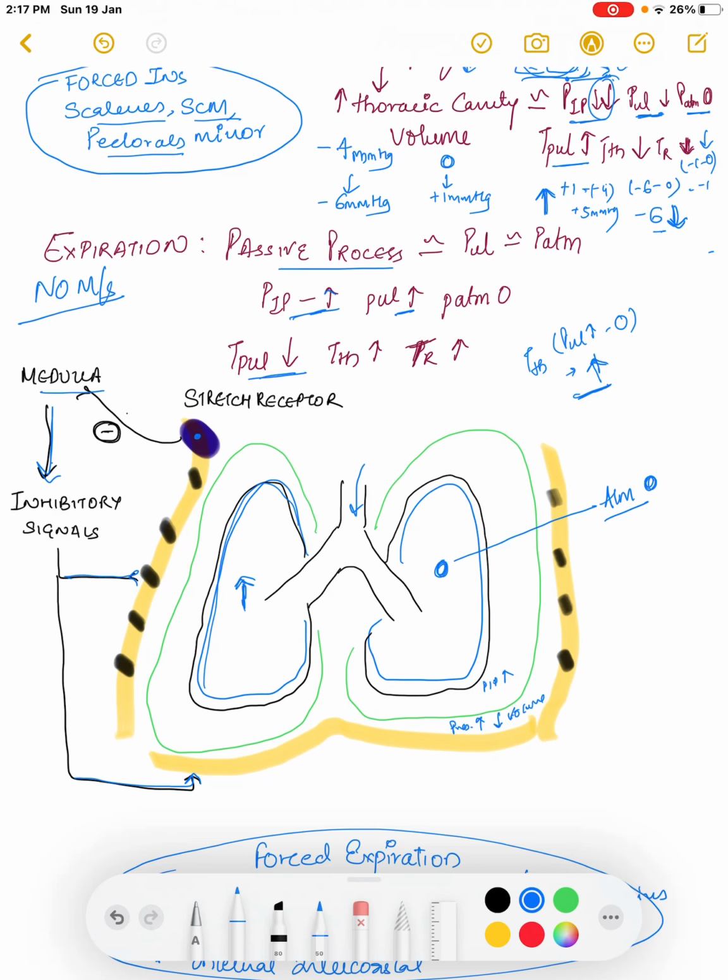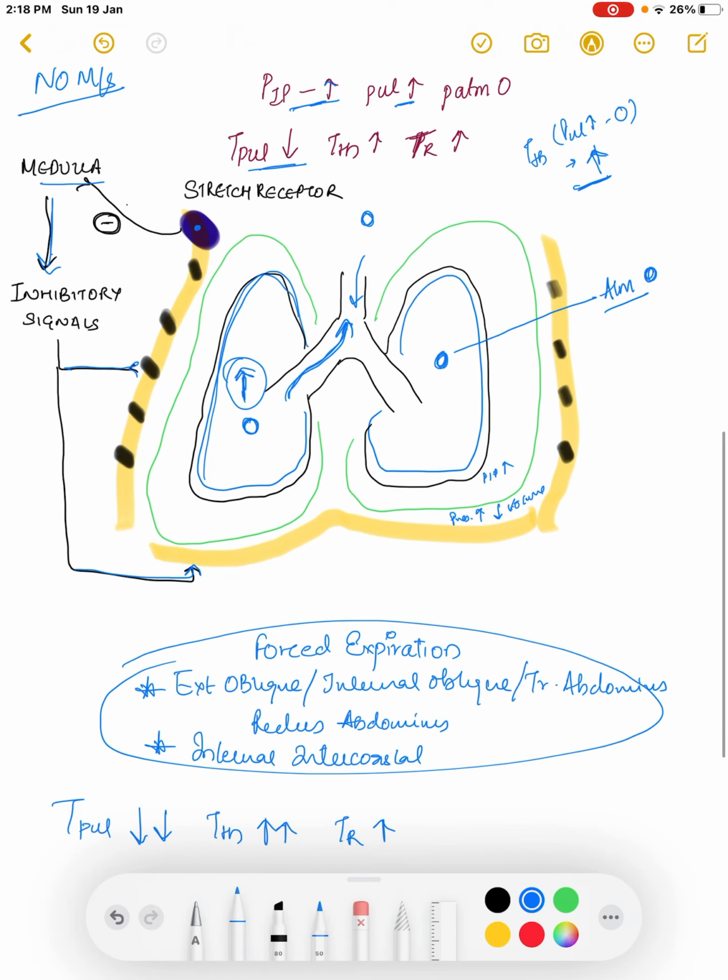Because of the transthoracic pressure, the lung deflates and the pressure inside the lung increases above the atmospheric pressure. Now the air will flow out of the lung until the pulmonary pressure becomes zero. So this is the case of quiet expiration.